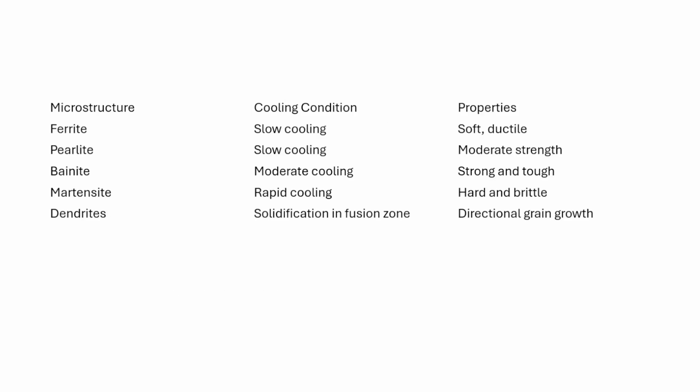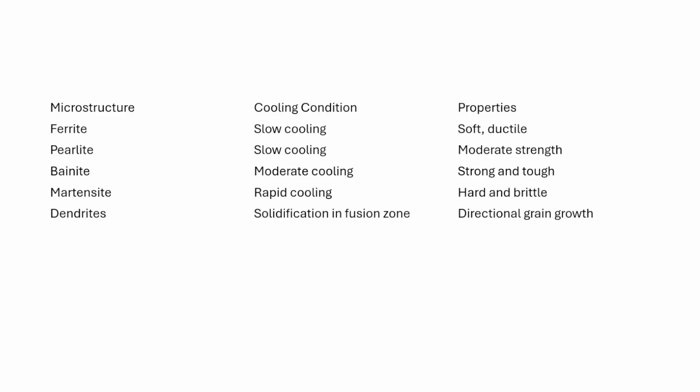So, which kind of phase forms at which kind of cooling rate, and its properties. If you do a slow cooling rate, the formation of ferrite and pearlite mostly happens. Those are mostly soft, ductile, and of moderate strength.